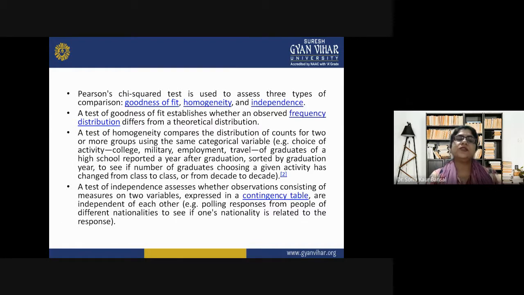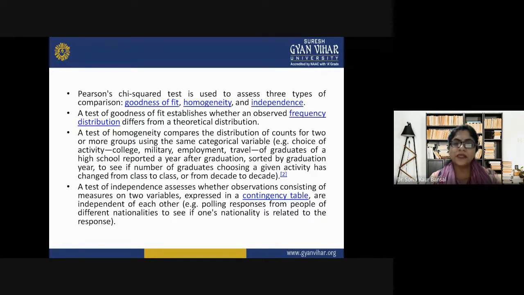So a test of homogeneity is actually comparing the distribution of counts for two or more groups, and you are doing it in a categorical form.